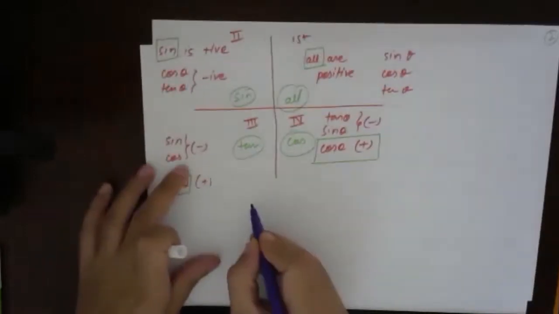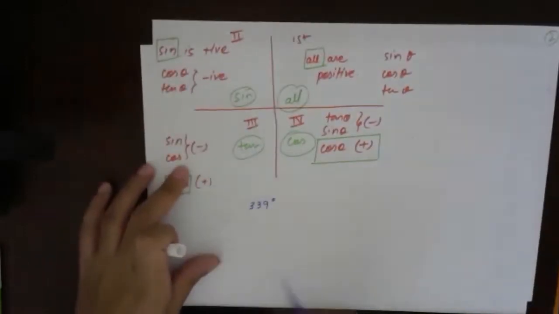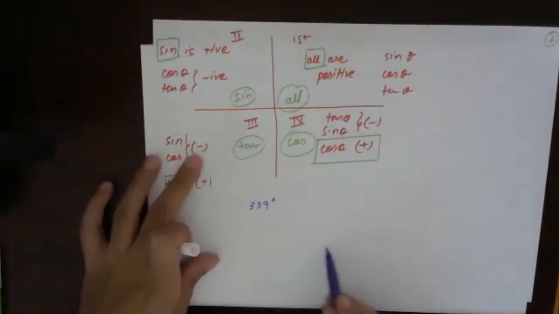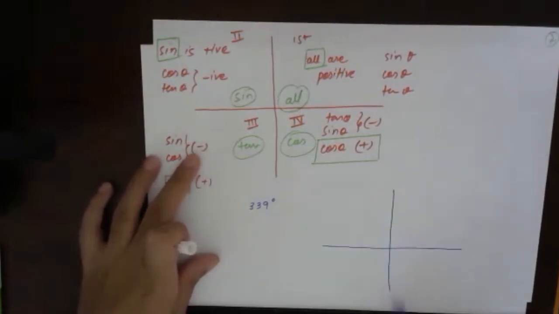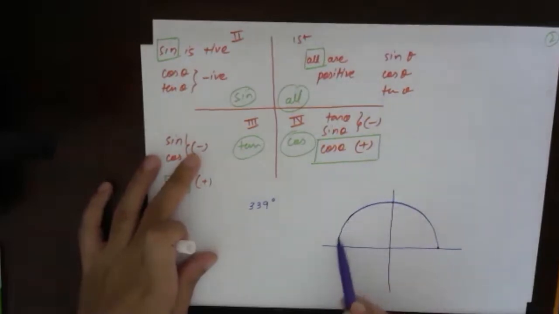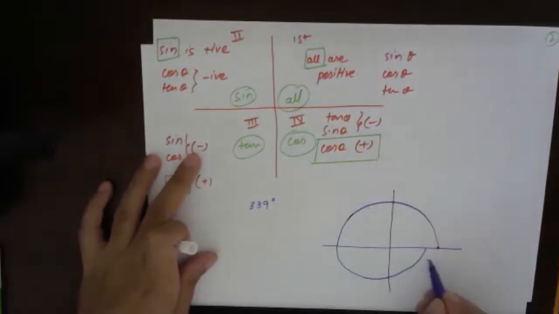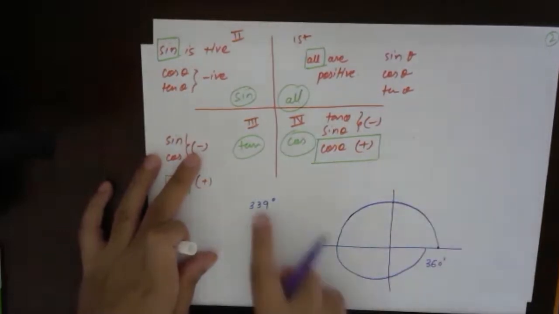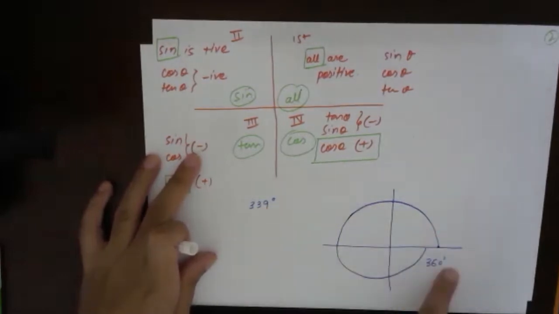339 and 450 degrees. 339 degrees means from here you started and took one turn. From here to here you have moved 360 degrees.